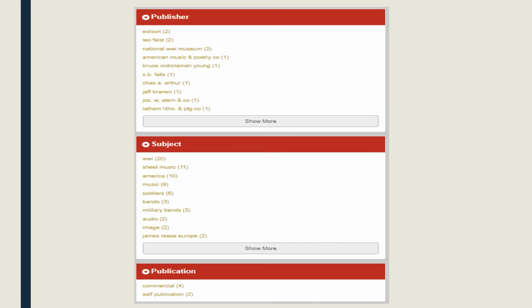Additionally, with publisher, just for historical context and some information about sheet music in a way, that's why I also wanted to include publisher, because if you take a look at number 2, there is Leo Feist, and he has 2 pieces of sheet music in this collection.